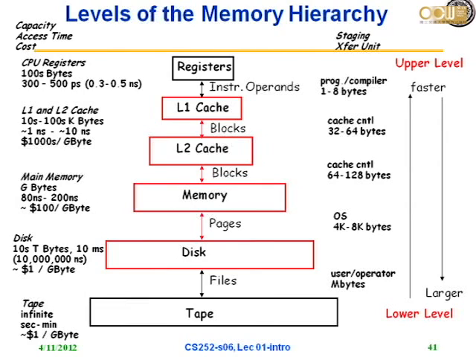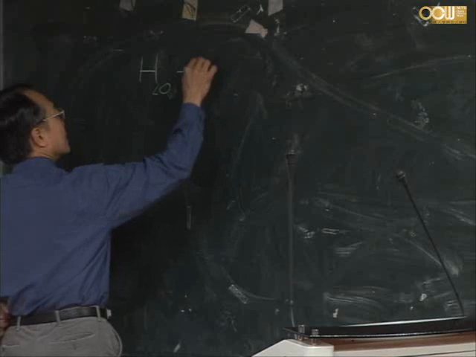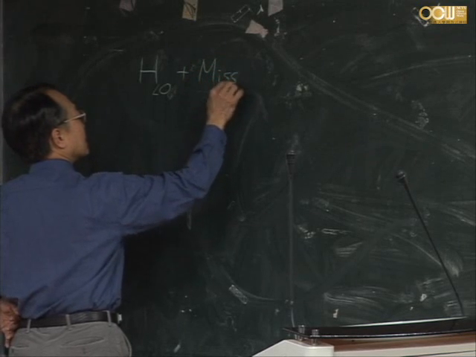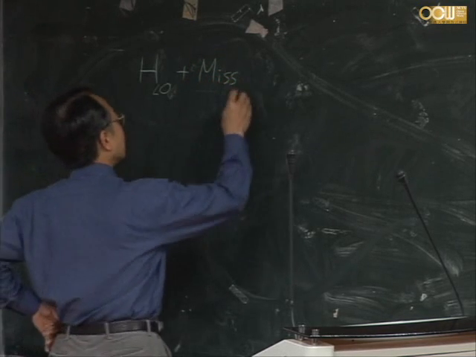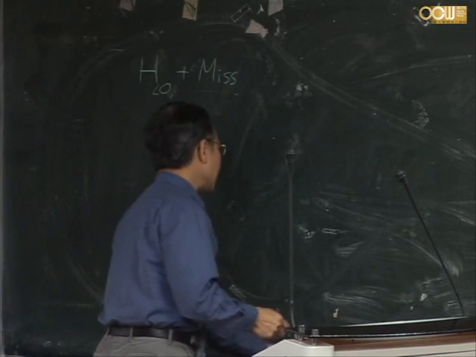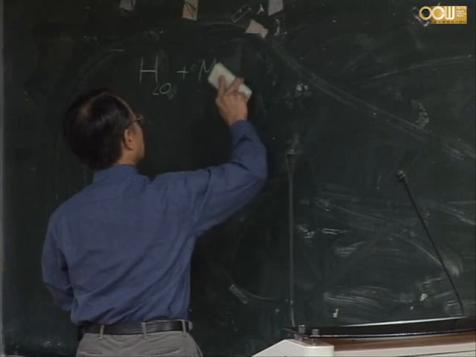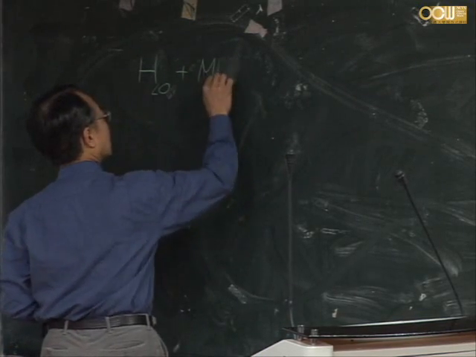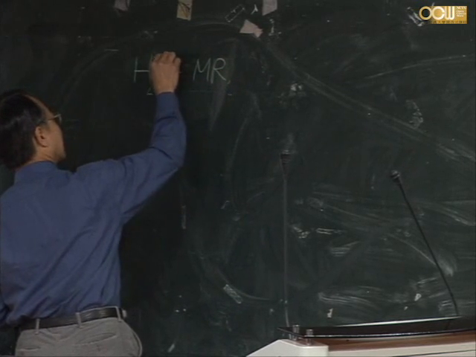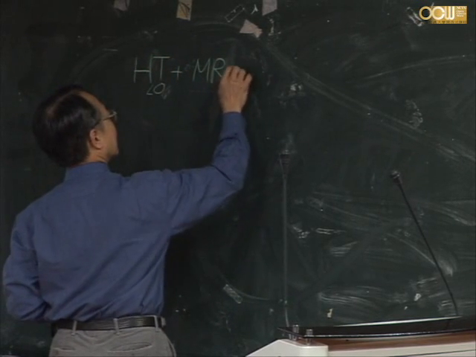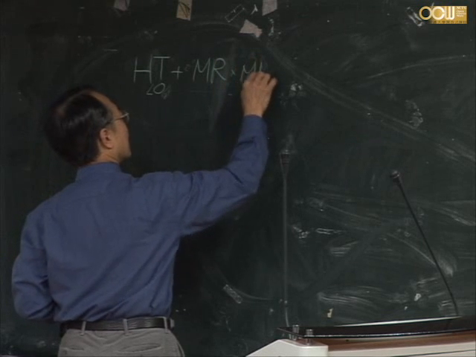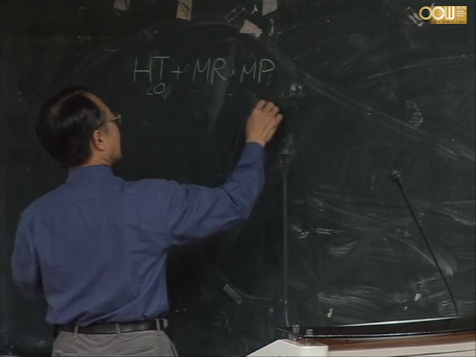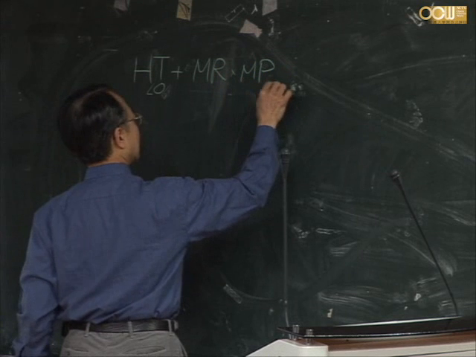The average memory access time will be hit time of level 0 plus miss rate times miss penalty of the top level.